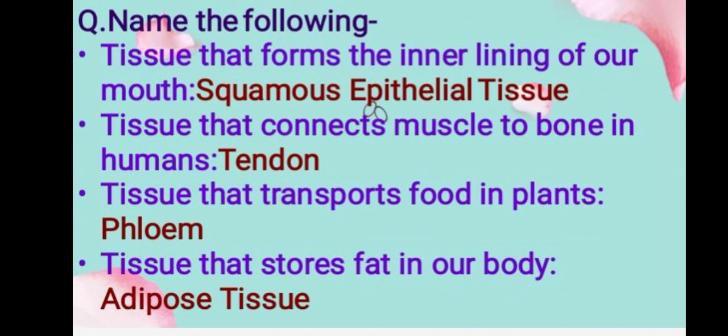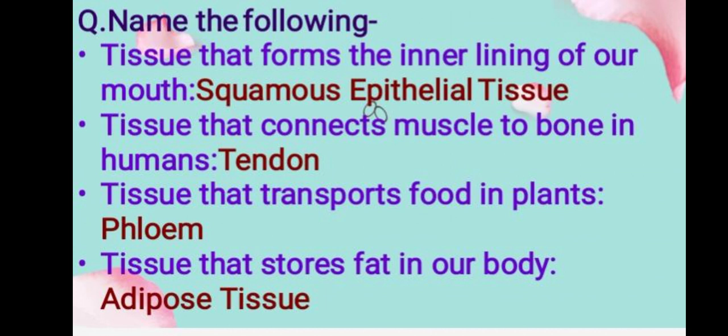Now is the turn of the one word question. Name the following tissue that forms the inner lining of our mouth. Yes, the answer is squamous epithelial tissue. Identify the tissue that connects muscle to bone in humans. Answer is tendon.